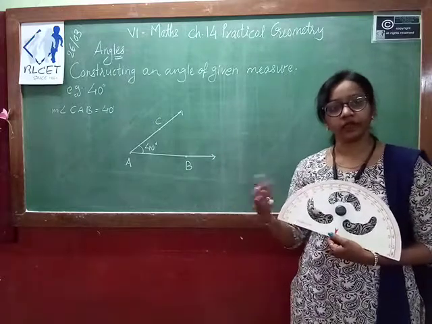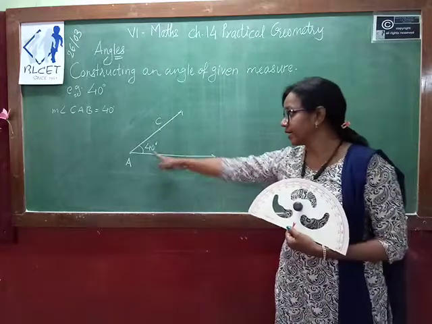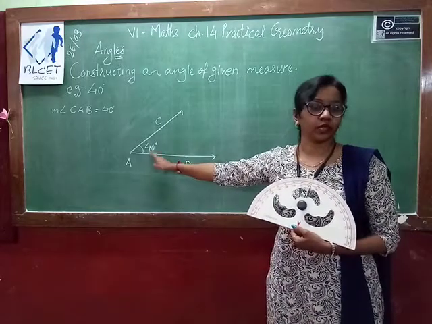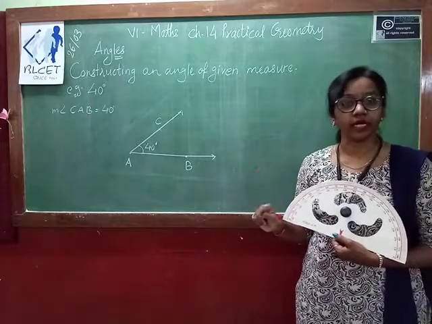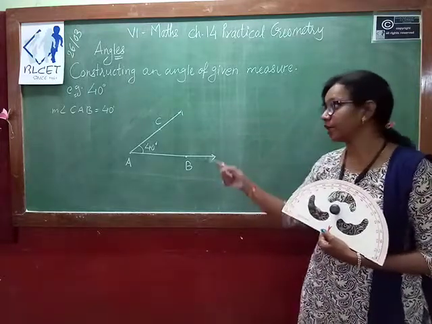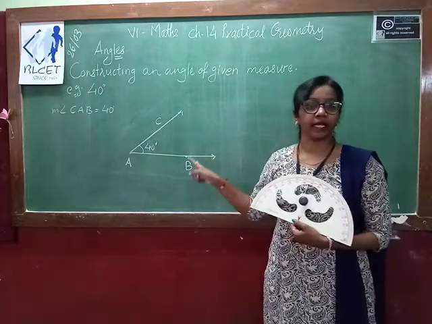Then we know that 140 degree is an obtuse angle. So if you draw like this and write 140 degree over here, you can have the idea that 140 degree is not an acute angle. So immediately you can say that this is your 40 degree angle, that is an acute angle.